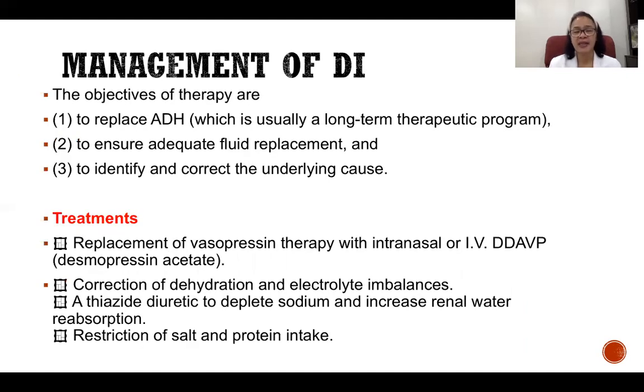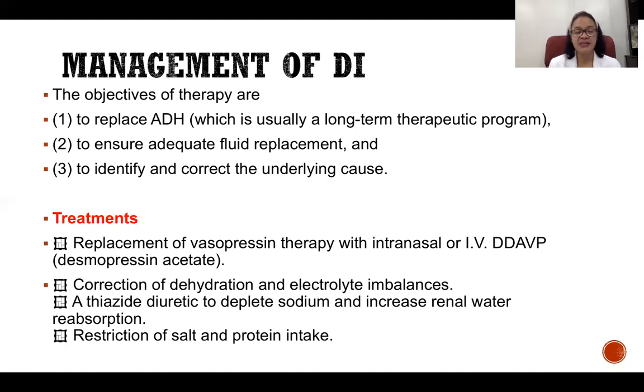So how do we manage diabetes insipidus? So the main objective of the therapy is to replace the antidiuretic hormone. This is a long-term program. And another objective is you have to ensure an adequate fluid replacement. And therefore, for us to deal with this, we have to identify and correct the underlying cause.